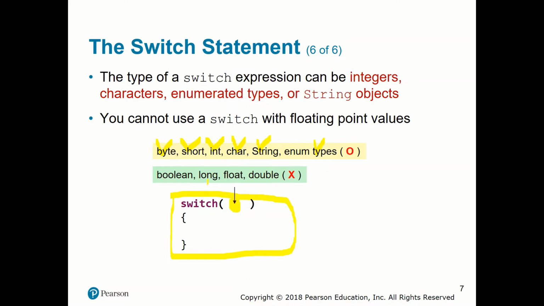Long cannot be placed here. So boolean, long, and floating point numbers, float and double, variables cannot be here. Even if long is an integer, long cannot be inside these parentheses. This is important. You haven't learned the enumerated types. You will learn them later.